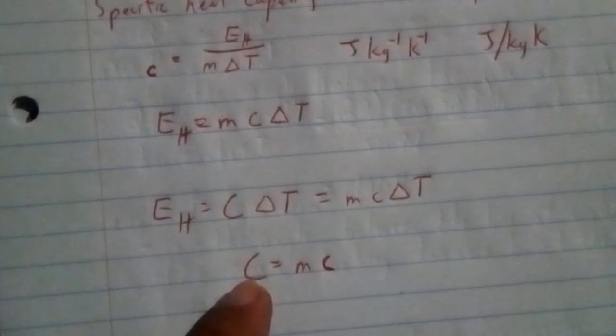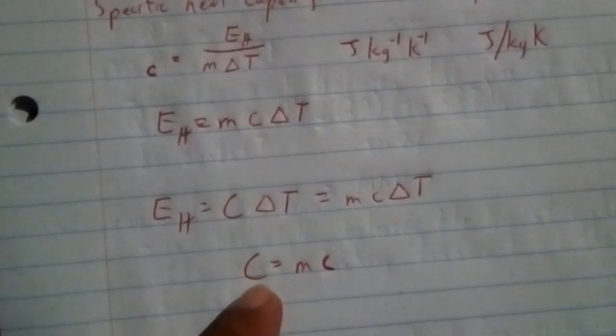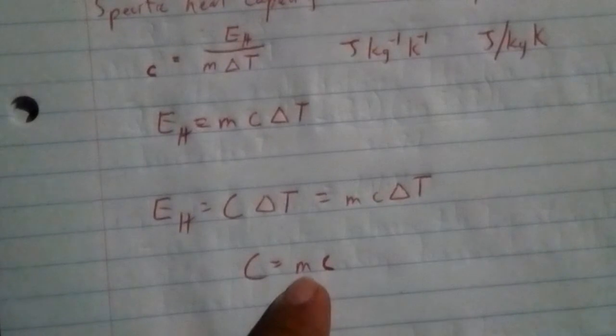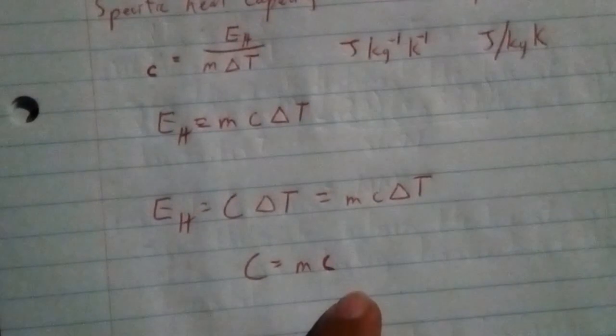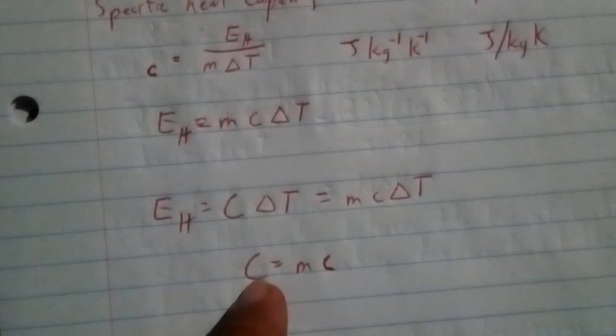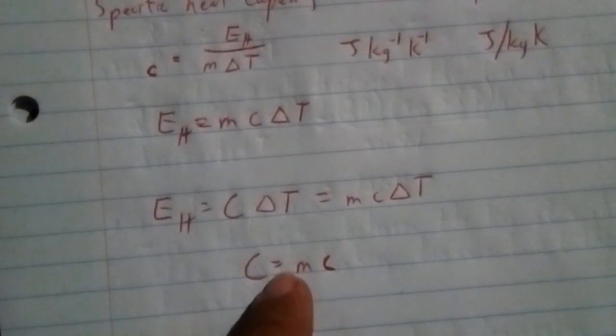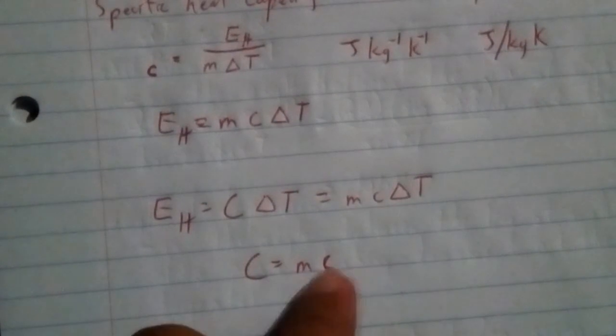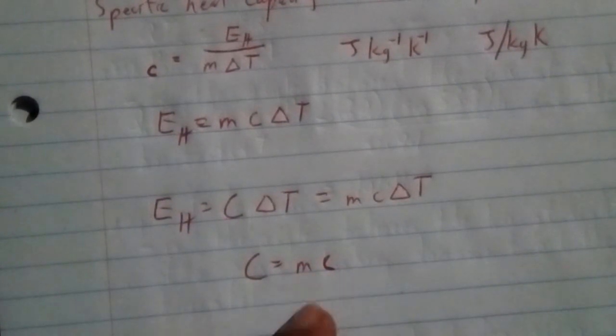So the heat capacity of an object depends on both its mass and the material it is made up of. This is for us to understand why.